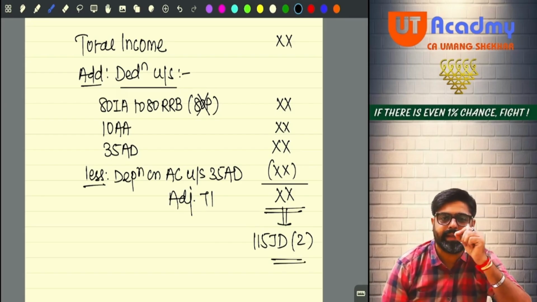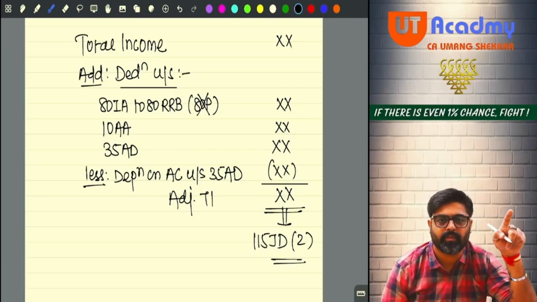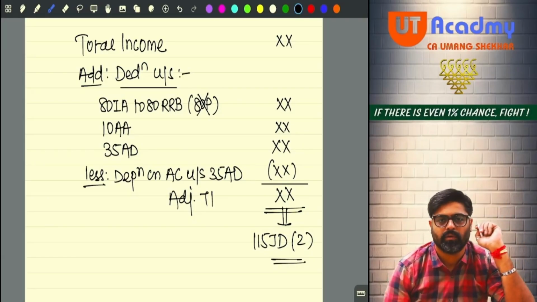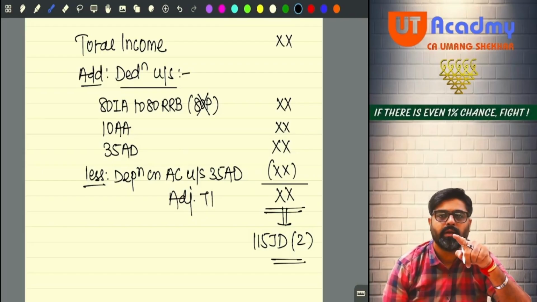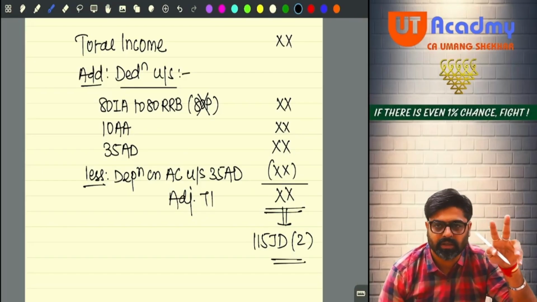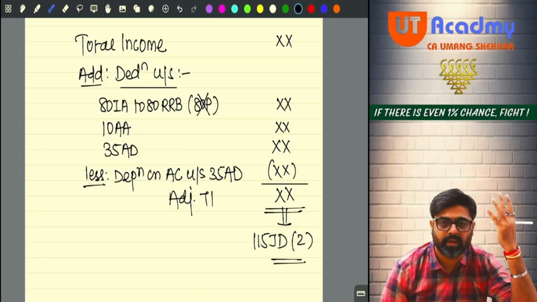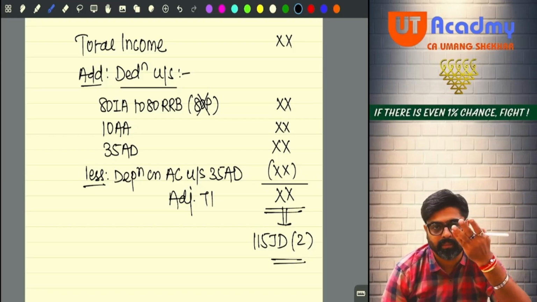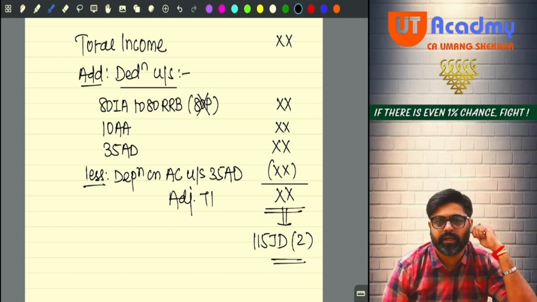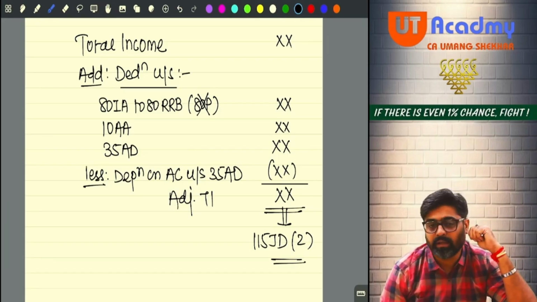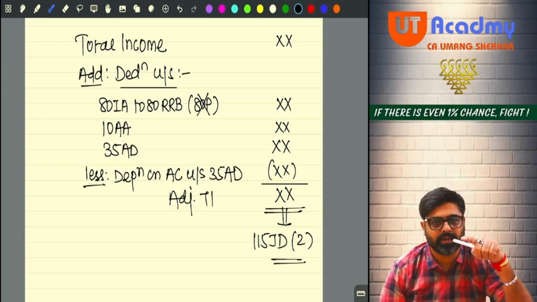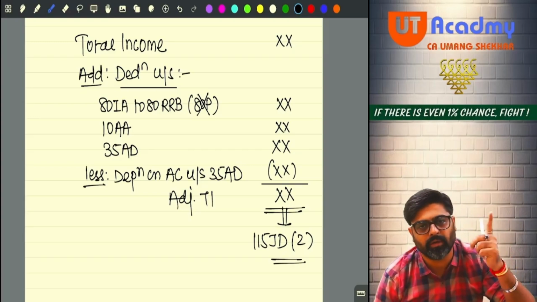Now 18.5%, the rate of AMT, you are supposed to apply on this amount. And how will this amount be calculated? It is given in 115JD subsection 2. You will be able to calculate liability only if you are able to calculate adjusted total income. So calculate adjusted total income, apply 18.5%, you will get AMT.